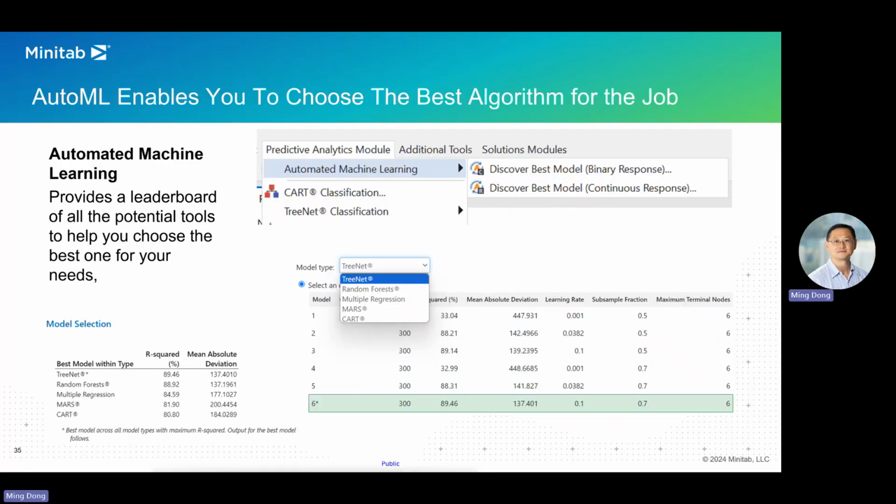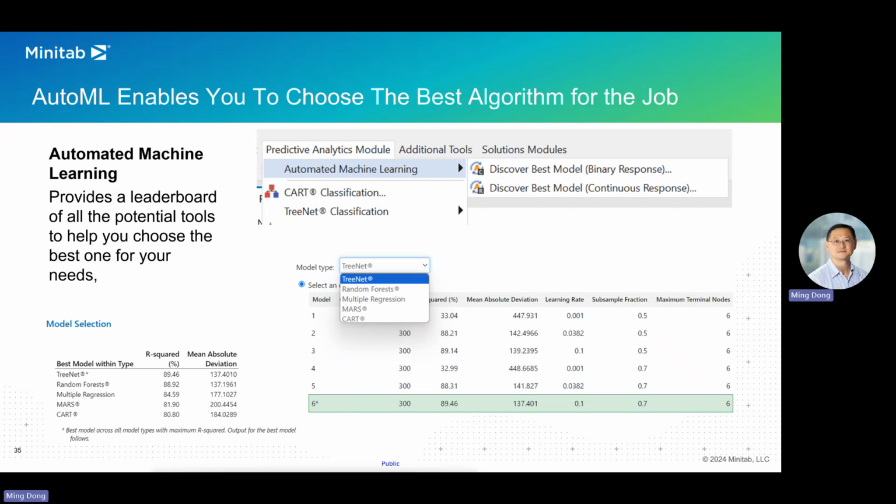Minitab also provides a tool called Automated Machine Learning, which means we try different algorithms, including TreeNet, Random Forest, Multiple Regression, MARS, and CART, and some models will give you several options based on tuning parameters, like learning rate and maximum terminal nodes. These are the tuning parameters. So we call it Automated Machine Learning.